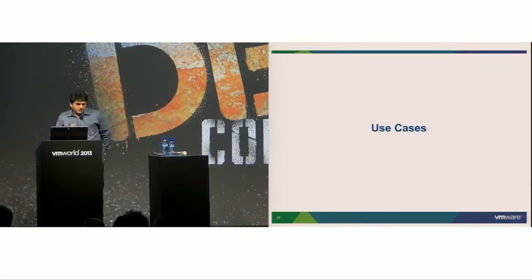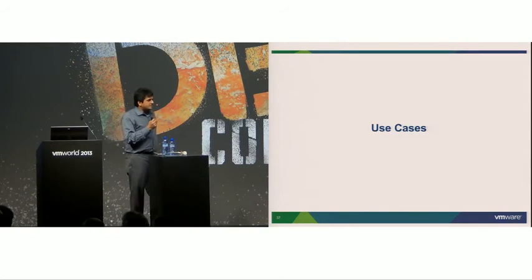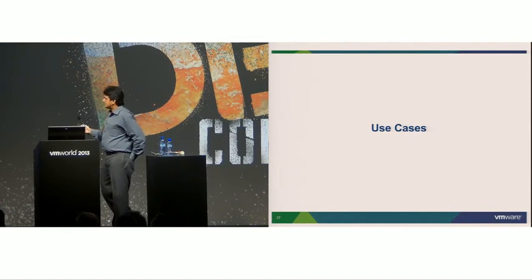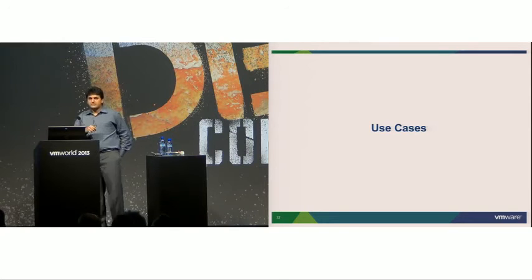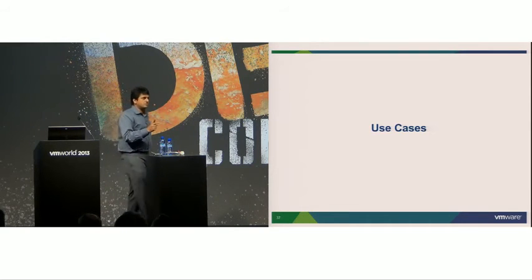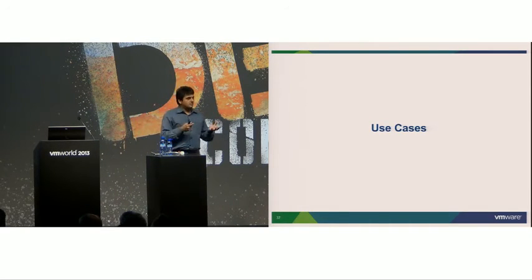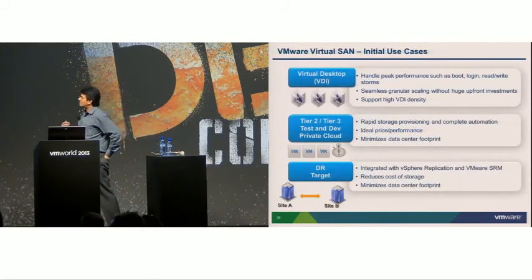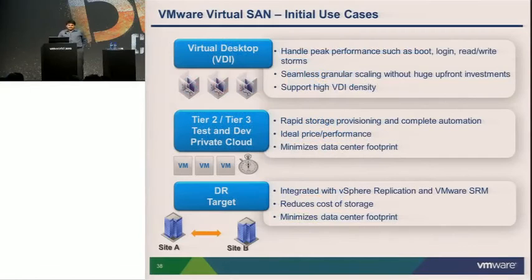All right, I want to spend a couple of minutes on the use cases that we're targeting vSAN 1.0 for, and the reason I emphasized 1.0 is because the use cases for 2.0 will be much broader, obviously. But for the first version of vSAN, we expect vSAN to be deployed in 3 different scenarios.